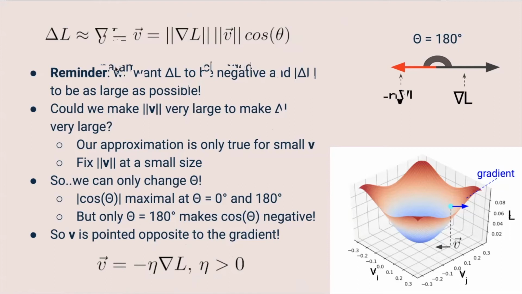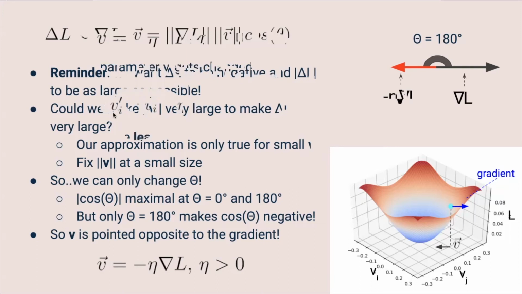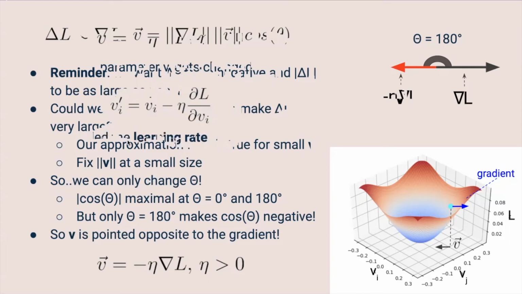Okay. And as a reminder, V is a vector that captures every single parameter that we have in our model. Here I've written in component form that each parameter would be changed by some negative multiple of the partial derivative, right? There is a term for this symbol right here, which is the multiple, and that is called the learning rate.